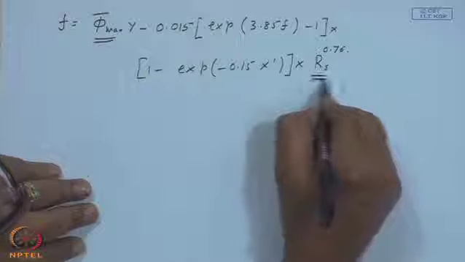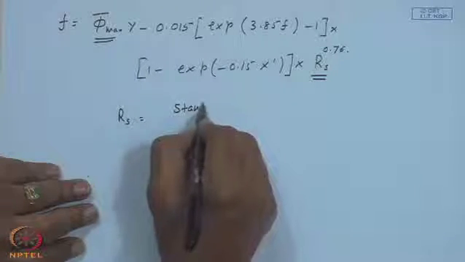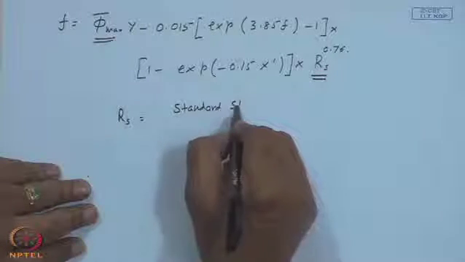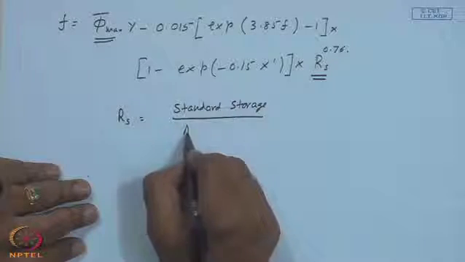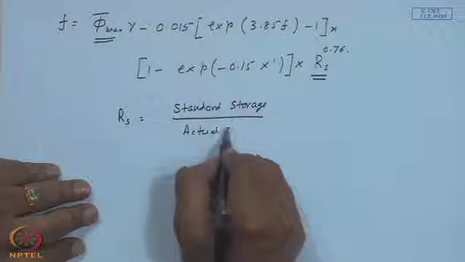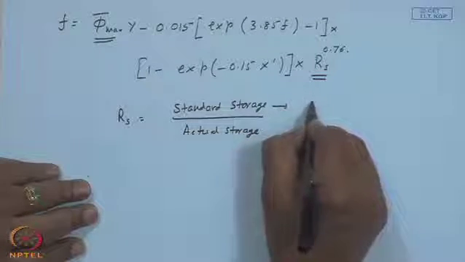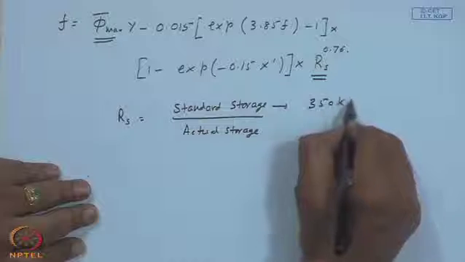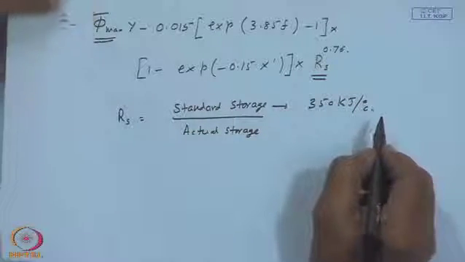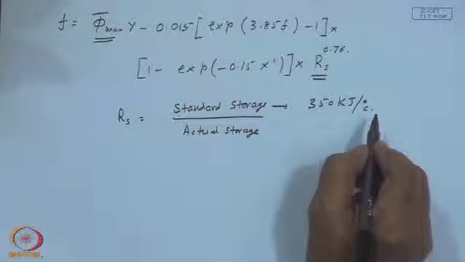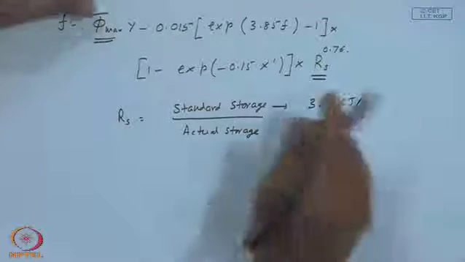And R s is the ratio of standard storage to actual storage. Standard storage is 350 kilojoules per degree C. This roughly corresponds to 75 liters of water; 75 liters multiplied by the Cp 4.18 comes to about 350.